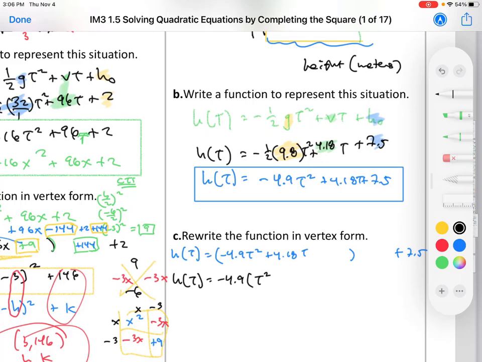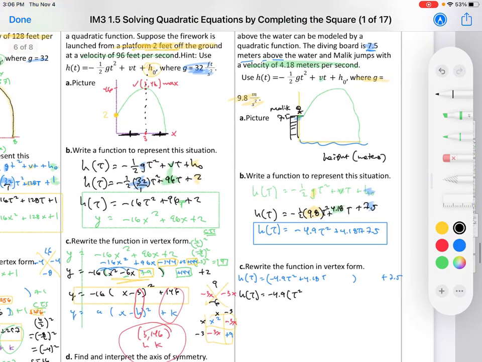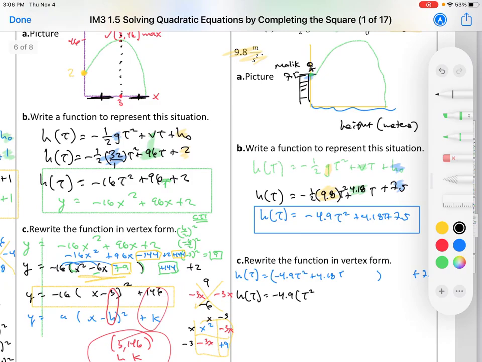So t squared, now I'm going to do 4.18 divided by negative 4.9, negative 0.853.